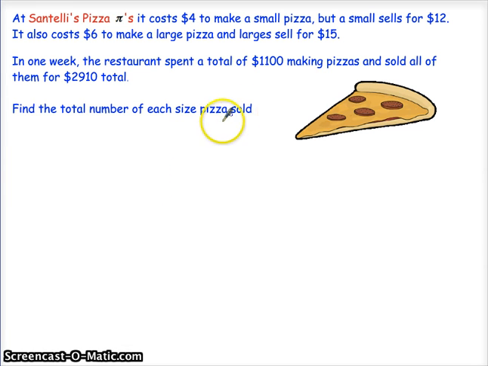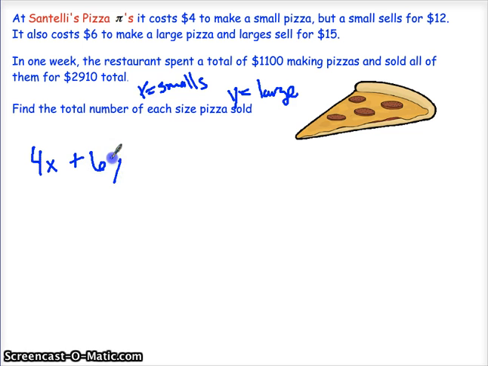Well, first of all, we need a set of equations. So we know that it costs $4 per small pizza. And let's go ahead and say that x will equal small and y can equal larges. So 4 times x, and it costs $6, so 6y, making a total cost equation.